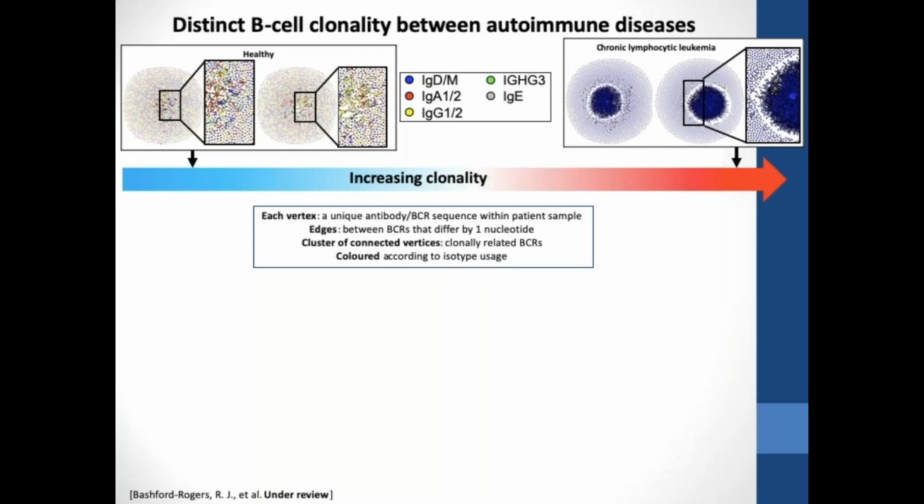So here on the scale, we have our healthy individuals that are very diverse, and this is what you'd expect, because we hope that we will basically have a repertoire that can bind any potential pathogen in your environment. On the other hand, we have our chronic lymphocytic leukemia, where we have these large IgD-M clonal expansions. So where do our autoimmune diseases lie on here?